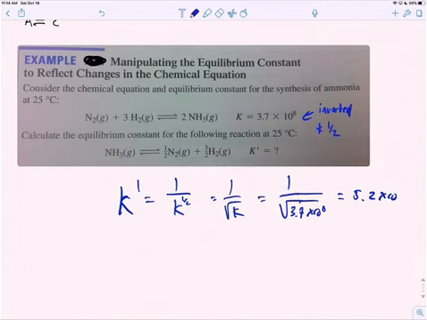Times 10 to minus 6. Oh, wait, is that? Yeah, that's right. 1, 2, 3, 4, 5, 6. Yep. Okay. So out of curiosity, let me square that.